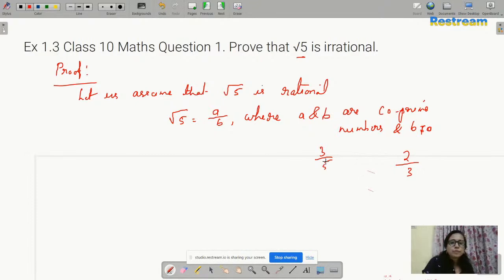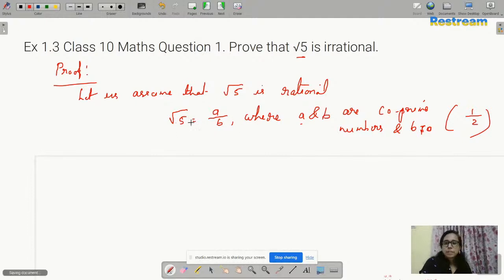Am I right? So first we are assuming that they are co-prime numbers. So a and b are co-prime numbers. This is important, always I am telling this is important. I do not write it, but I am telling you the step mark is half a mark for this step.